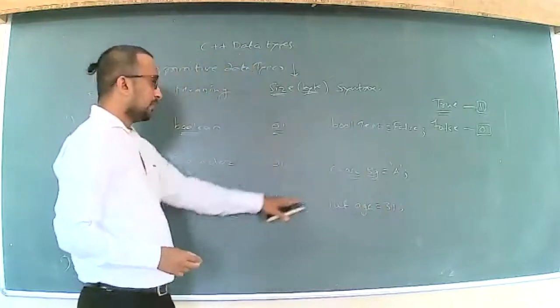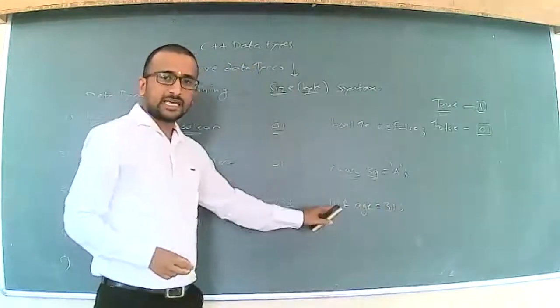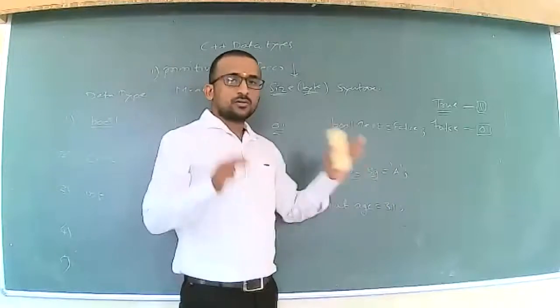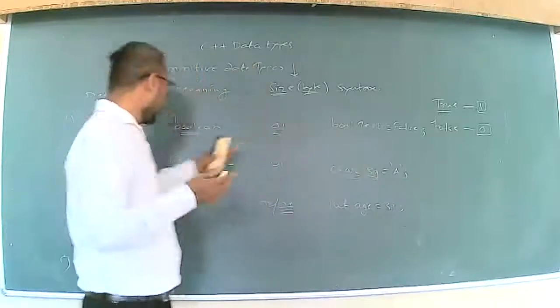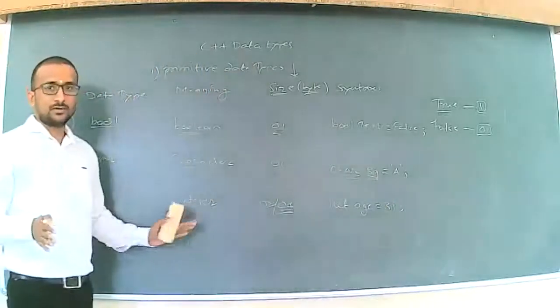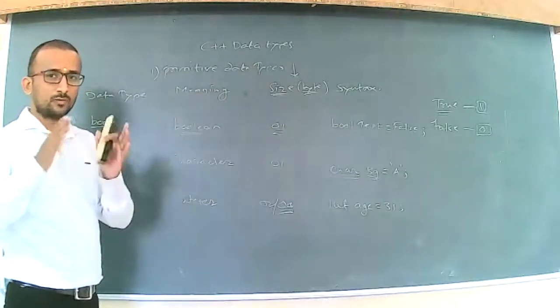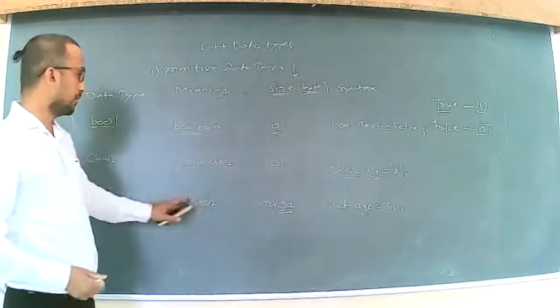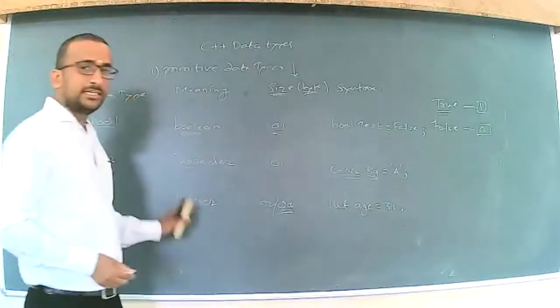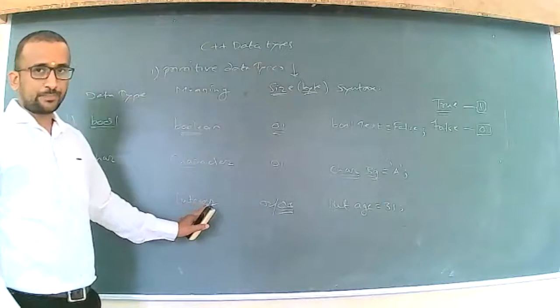With the help of this integer data type, we can store only integer values, only numbers, not floating point numbers. Decimal numbers will not be stored in your integer data type.